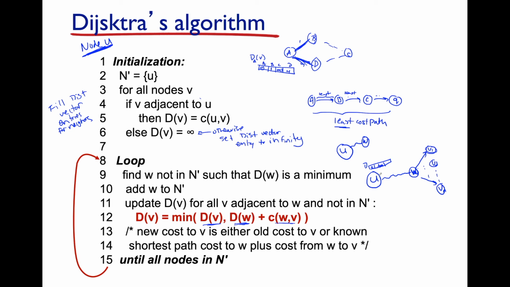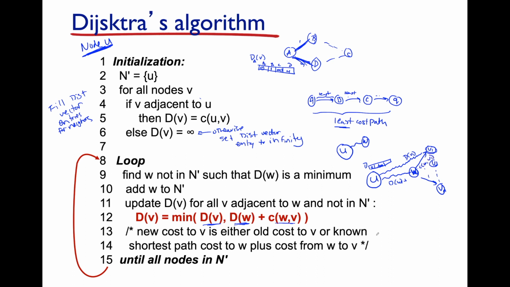Is it better to take my least cost path at the present moment to get there directly? That's at a cost of d v1, or do I go to w at a cost of dw plus this link, because each one of these v's is adjacent to w? That's c, cost of that link, from w to v1.